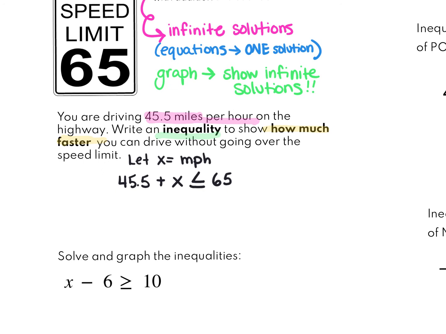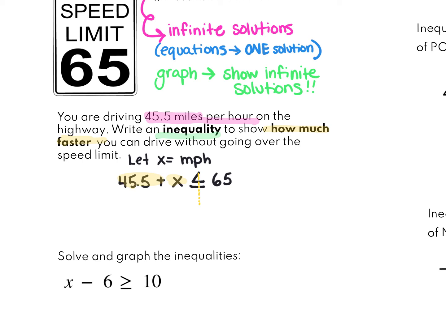When we go to solve the inequality, the good news is that it's just like solving equations. I'm going to draw this line just to show where the inequality symbol is. Right now I have x plus 45.5.